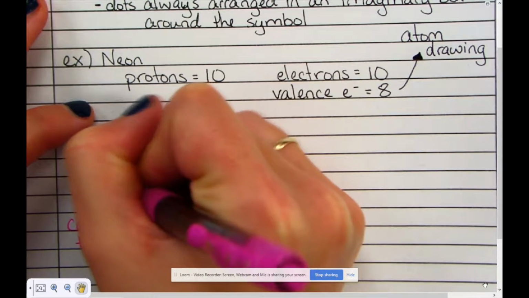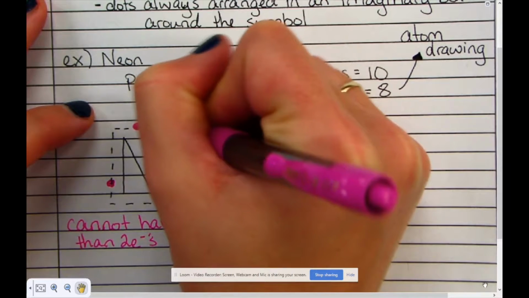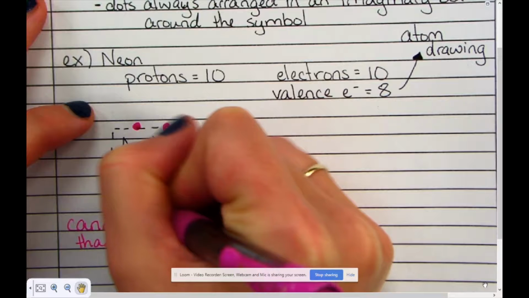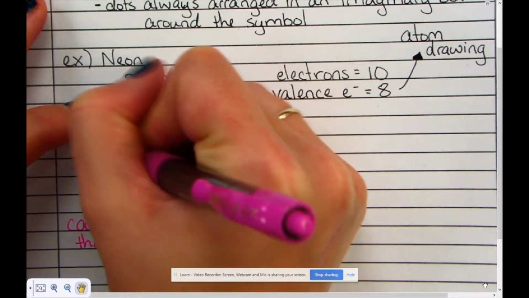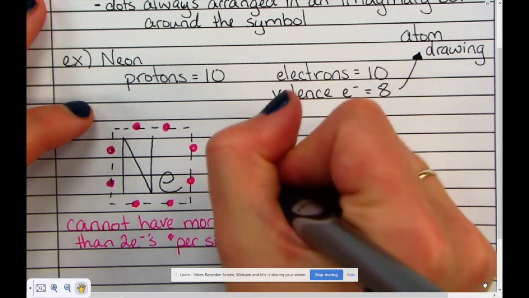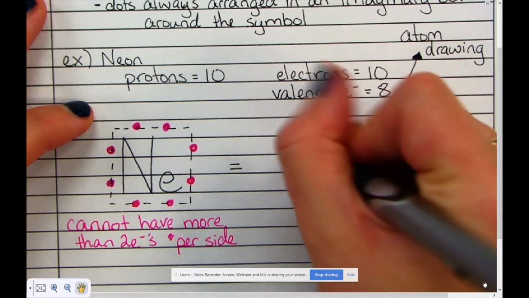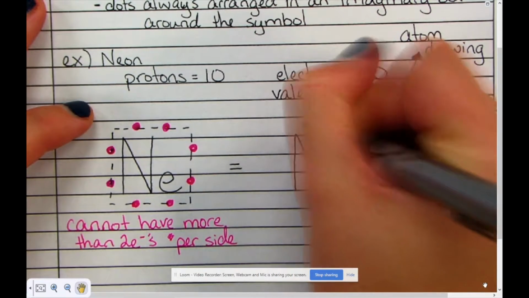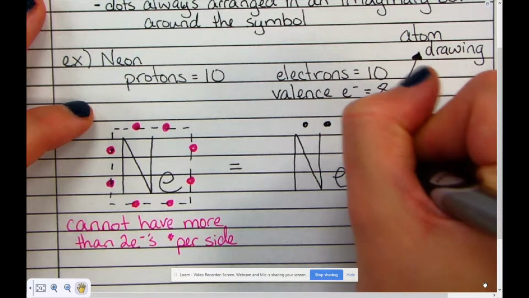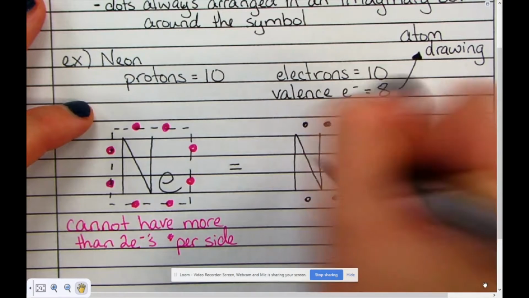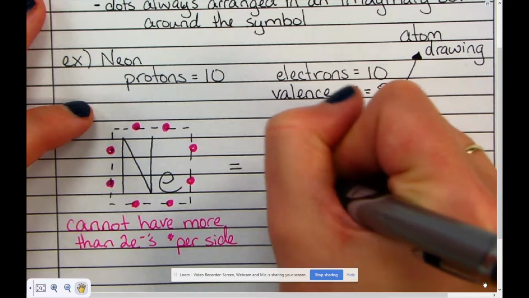And that only gives me 4, so I'm going to go around again. But I cannot put more than 2 dots on each side. So if I remove my imaginary box, my Lewis dot structure for neon looks like this. My symbol for neon with 2 dots on the top, 2 dots on the side, 2 dots on the bottom, 2 dots on the left side.